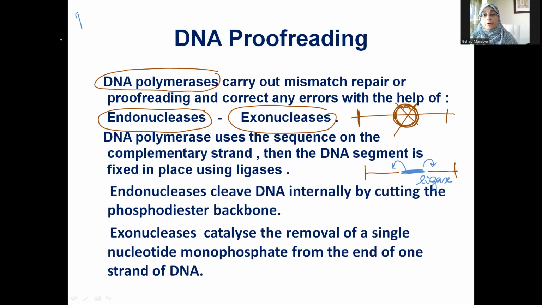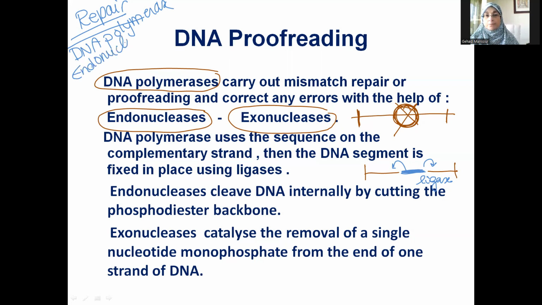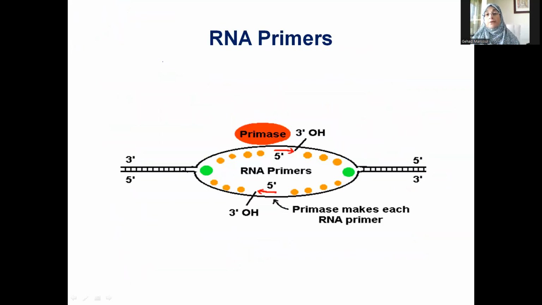So if we talk about enzymes of repair, and by the way, enzymes of repair are part of the proteins that control DNA replication. So the DNA replication proteins are many. You will have the DNA polymerase. This is the first one. But DNA polymerase does not work alone. So you have the endonucleases, you have the exonucleases, and you have the ligases, just for connecting the segments.